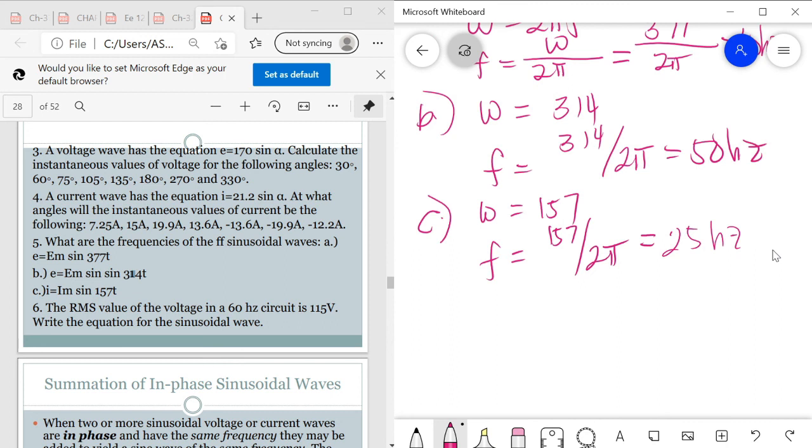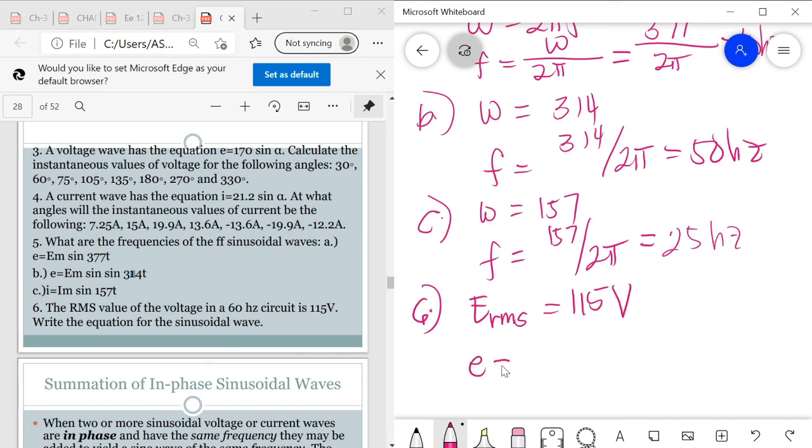Next problem. The RMS value of the voltage in a 60 Hertz circuit is 115 volts. Write the equation of the sinusoidal wave. So the given here is the RMS value of the voltage. So E RMS is equal to 115 volts.